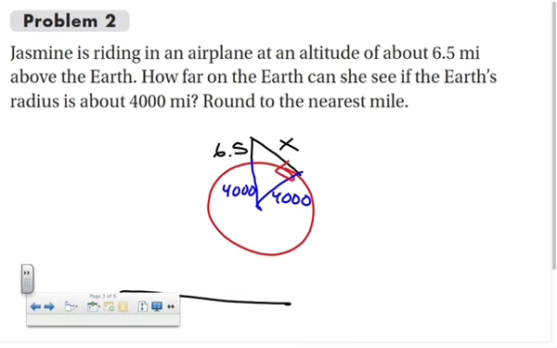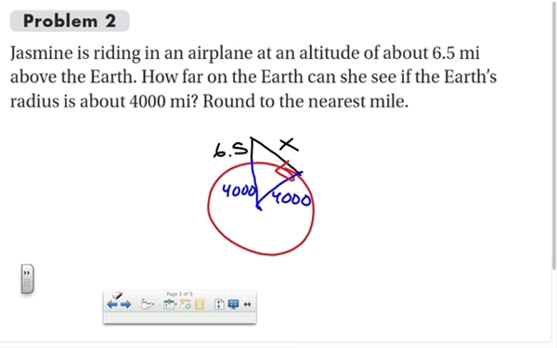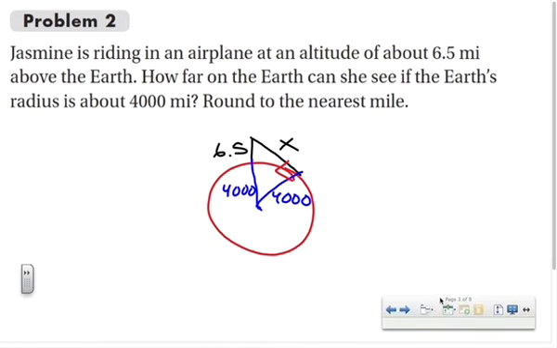So our Pythagorean theorem, whoops, that's... They're not ears, they're radar. Okay, so 4,000 squared plus x squared equals, what's the length of the hypotenuse? 4,006.5, yes.